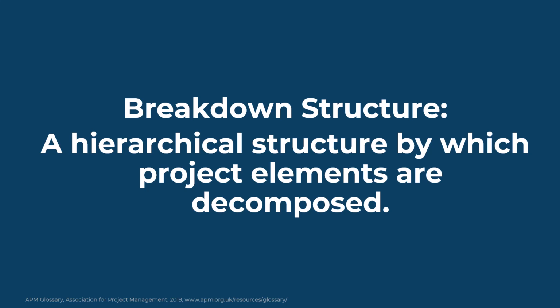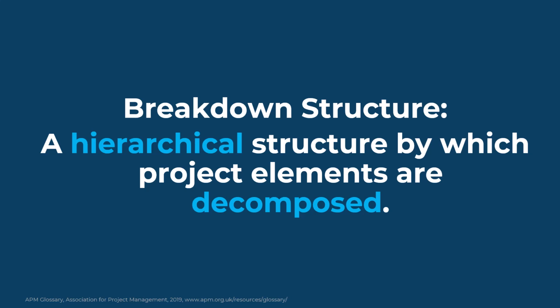And here, two words are important: hierarchical and decomposed. Hierarchical means that there is a relationship between each component of the WBS, and it is often depicted and shown as a hierarchy, kind of like an organizational chart from the company that you work for. CEO at the top and everybody below that.